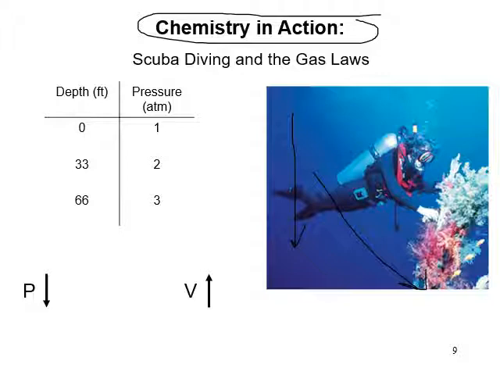That's why you can have issues with surfacing too quickly, because the nitrogen bubbles in your blood can expand too quickly and end up stuck in the joint spaces, and gives you what's called the bends, which keeps your joints bent. You'll have to check that out and read that. It's interesting stuff. You want to scuba dive with knowledge, and not go too deep. If you go too deep, you have to make decompression stops. So it's all based upon the gas laws.